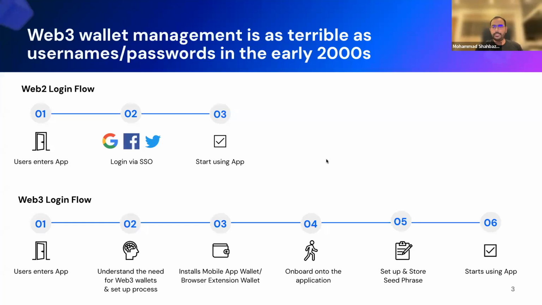When it comes to Web3, as I was saying, first they enter the app, understand why they need a wallet, then somehow install the application on mobile or the extension on the browser, just to understand what it does, then set up and store the seed phrases, and then start using that app. And in that process, you worry about what if I lose my seed phrases, right?